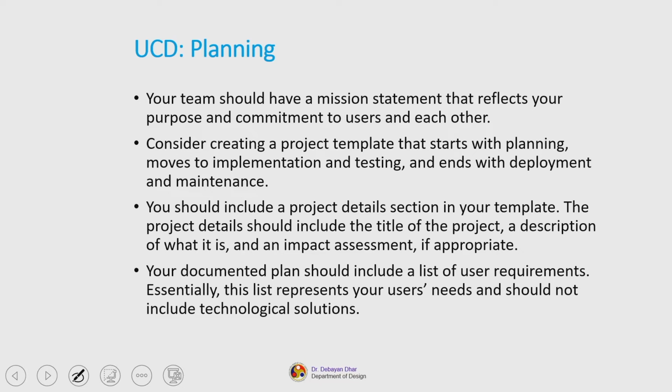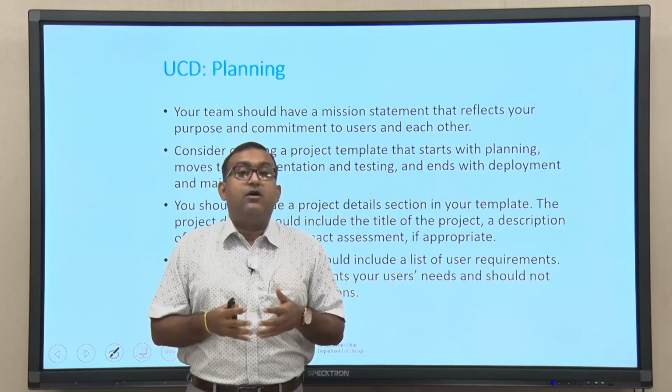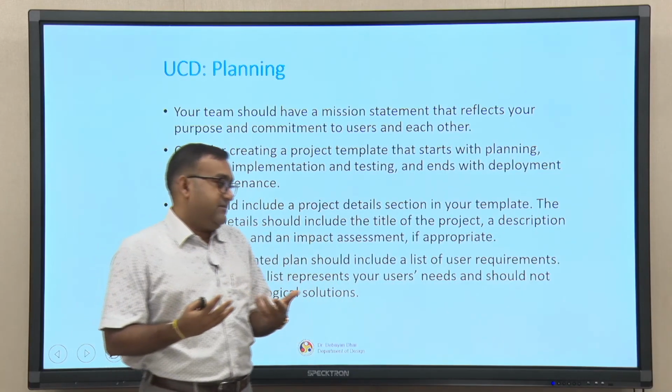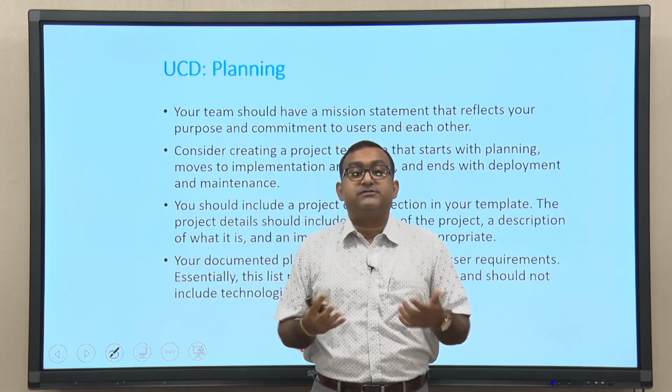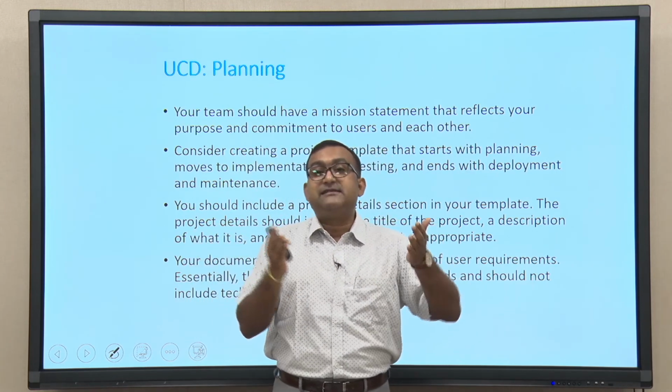You must include a project detail section in your template. The project details should include the title of the project, a description of what it is, and an impact assessment if appropriate. Any design decision that we take has to go through the process of assessing its impact.